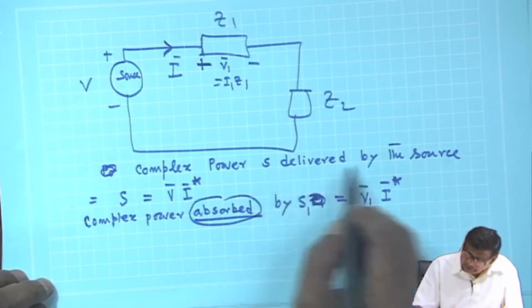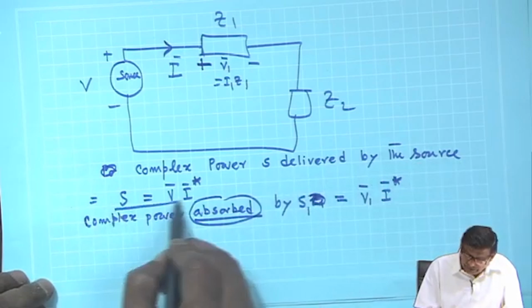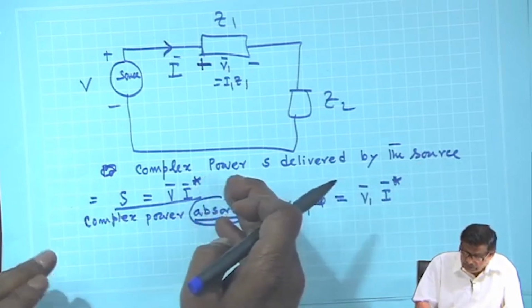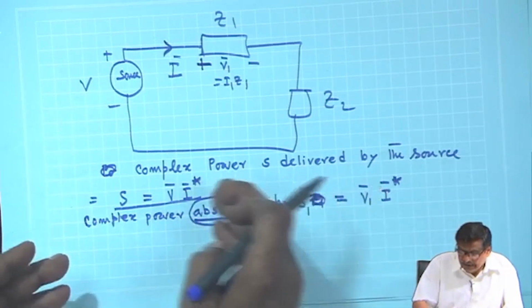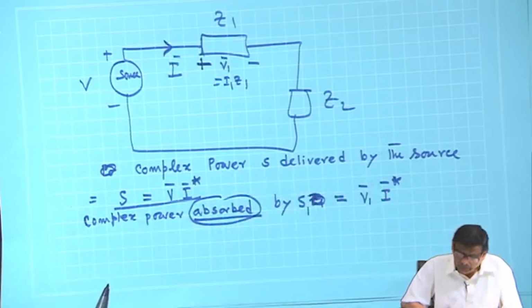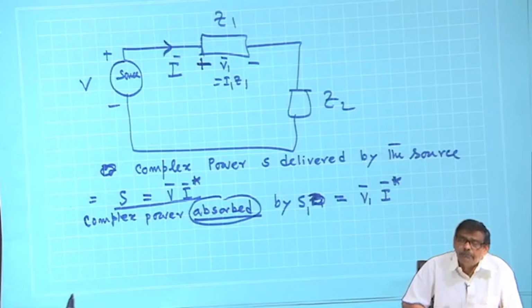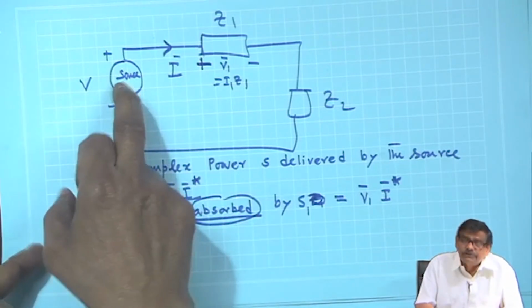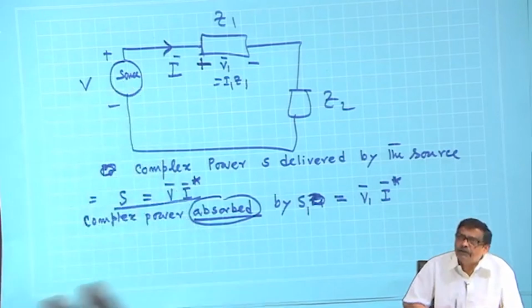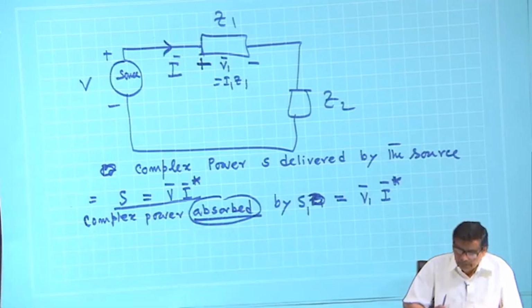Similarly, if both the real and imaginary parts of the complex power delivered by the source are positive, I will say this source is delivering so much positive reactive power and so much kilowatt to the load.